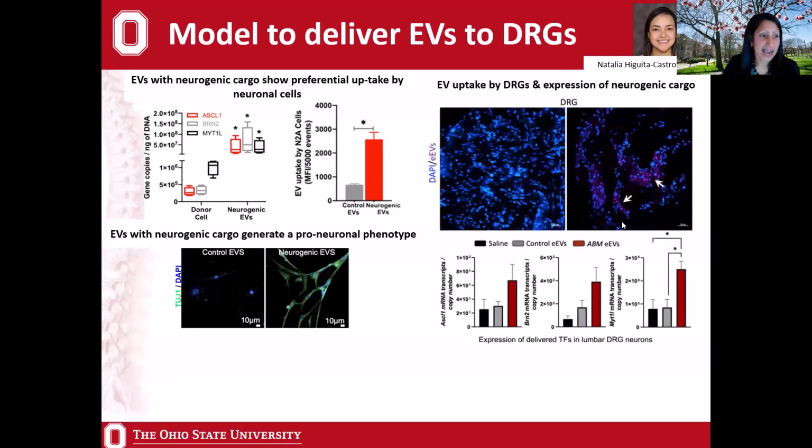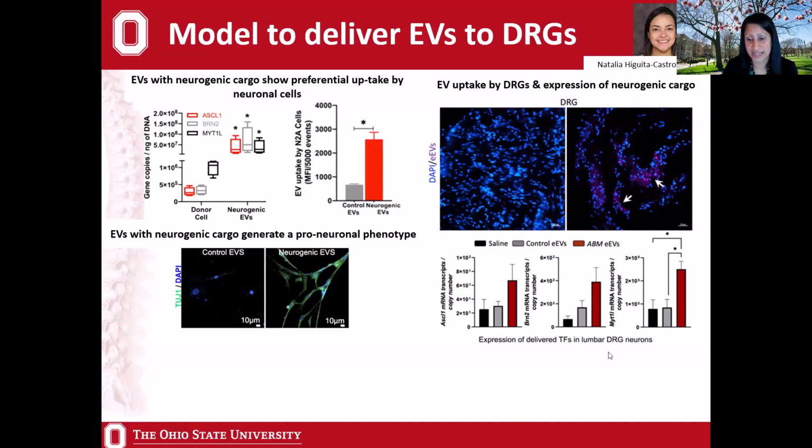And then we have delivered these via the sciatic nerve to the dorsal root ganglion. And I just want to show you here, here's the DRG, and you can see the EVs are labeled in the DRG here, where the sciatic nerve has been injected.